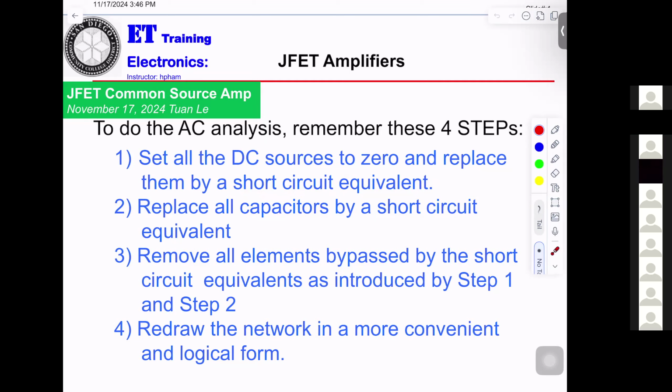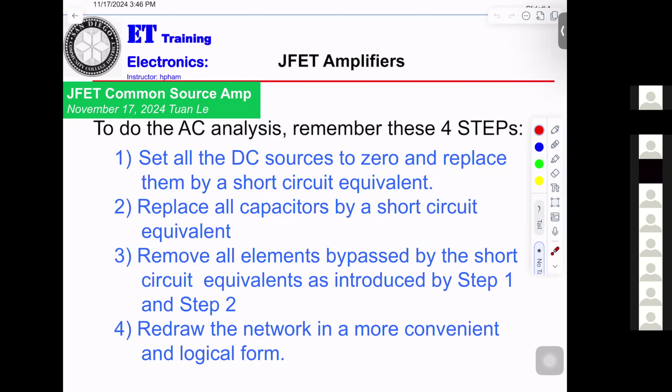Number two, replace all capacitors by a short circuit equivalent. A capacitor can be a DC blocking, AC coupling, or bypass capacitor in a bipolar transistor amplifier.